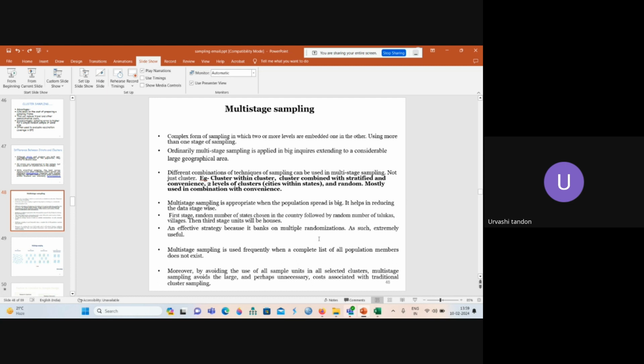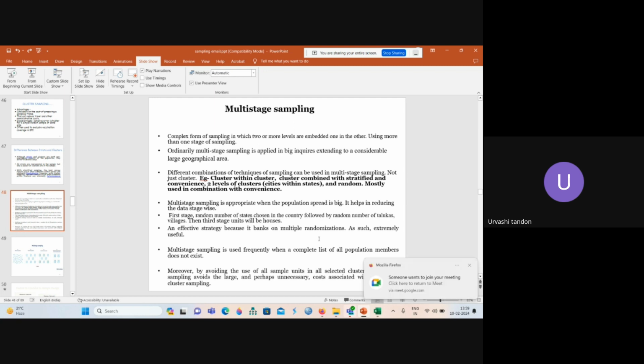And when you have picked up the hospitals that are using telehealth, from there you pick up doctors who are using this telemedicine through convenience sampling. So here you are combining both your probability and non-probability sampling. This is what is known as your multi-stage sampling.